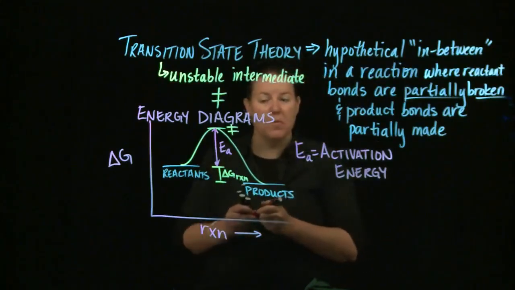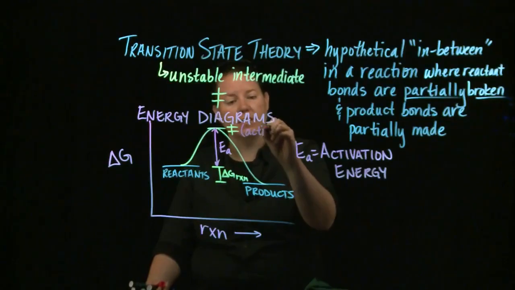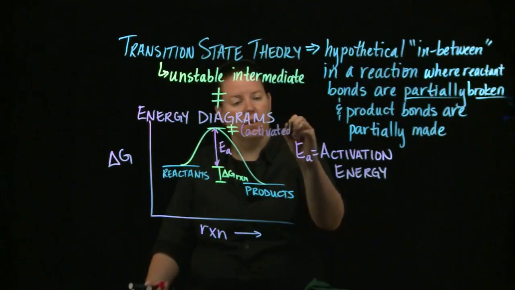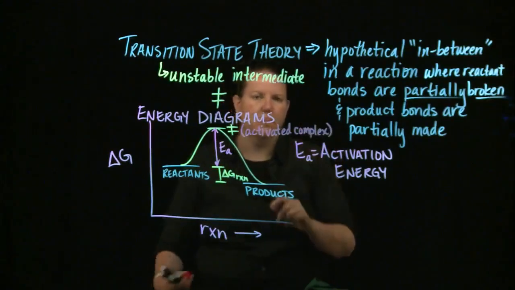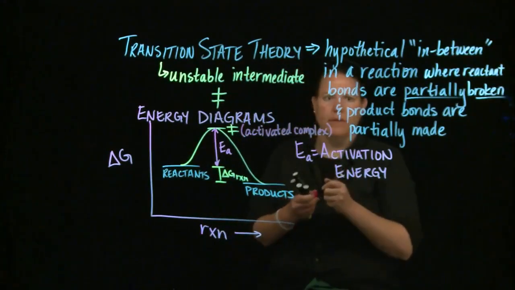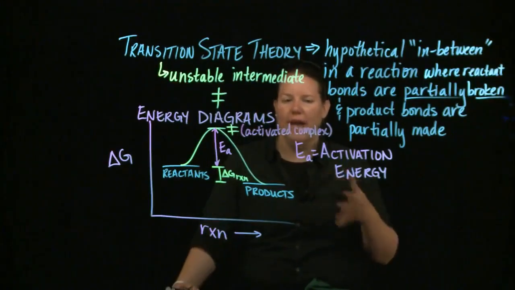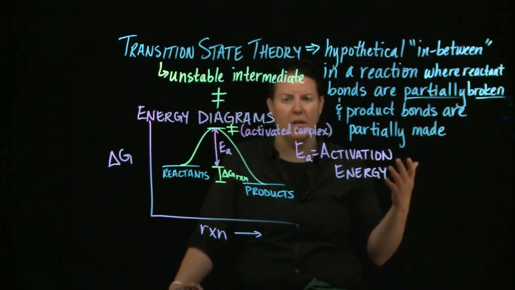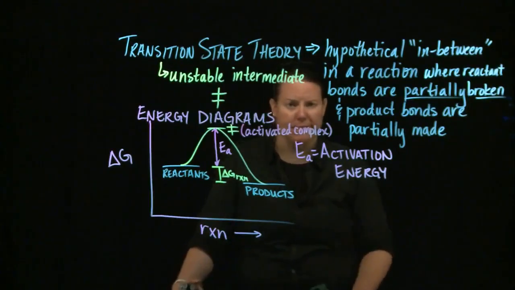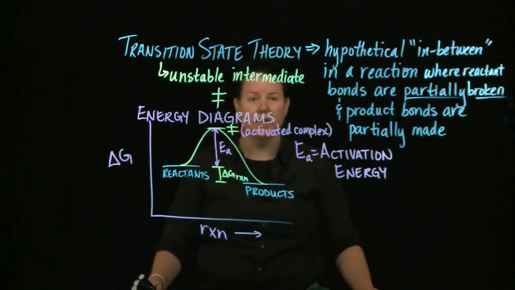Sometimes people will not call it a transition state, but an activated complex, which is yet another way to talk about the transition state. All of these terms are very much the same idea, right? So activated complex, for all intents and purposes for us, is synonymous with the transition state. Same thing. Okay.